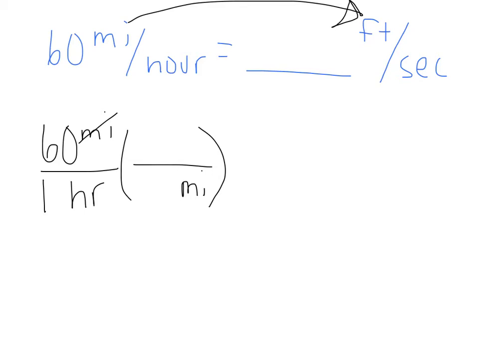Okay, so if we look back at our conversion chart, remember how miles we can convert to feet? So we're going to put feet on the top here. Okay, well, if you look back at your conversion chart in your book, we know that there was 5,280 feet in 1 mile. So that canceled out the miles, and that gave us feet, like what we want there. So we got rid of the miles and turned it to feet.